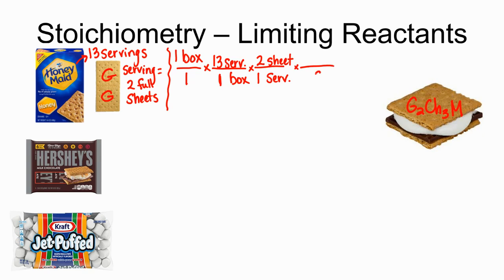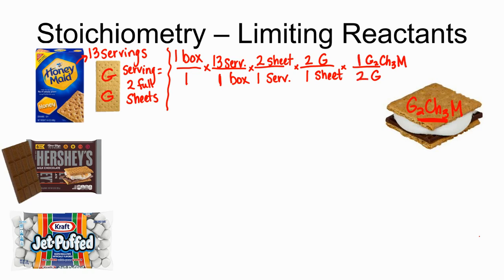Well, get rid of sheets. I'm trying to get all the way to s'mores, to G2CH3M. Well, I know that every 1 sheet has 2 G's. Oh, now I'm getting somewhere because if I bring down G, I know how many G's are in a s'more. For every s'more, there are 2 G's in 1 s'more.